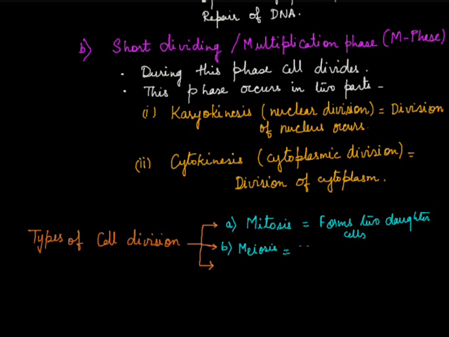This type of division leads to formation of four daughter cells. And the last one is amitosis. It is a relatively simpler method of cell division in comparison to mitosis and meiosis. It also leads to formation of two daughter cells.